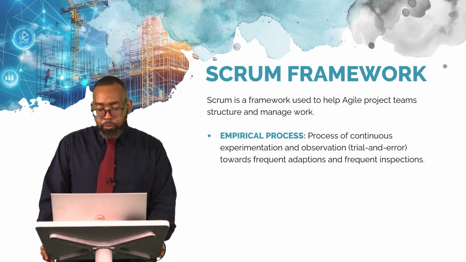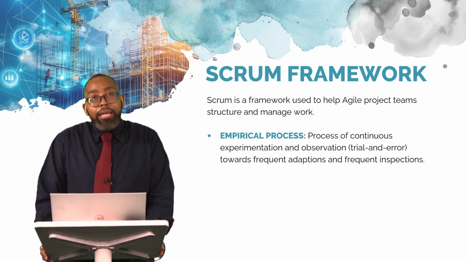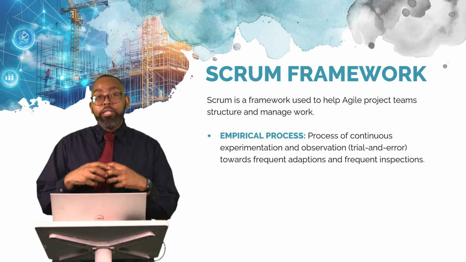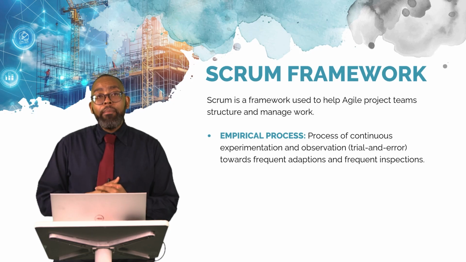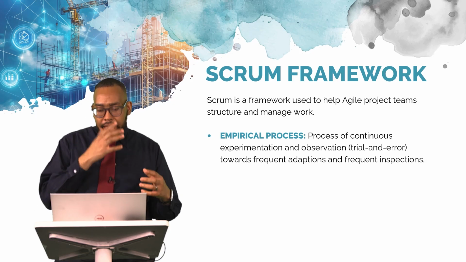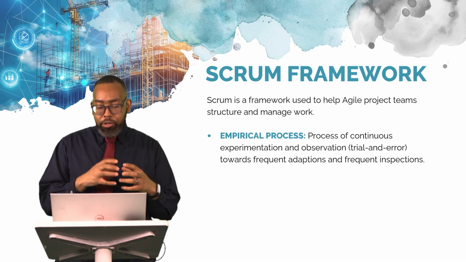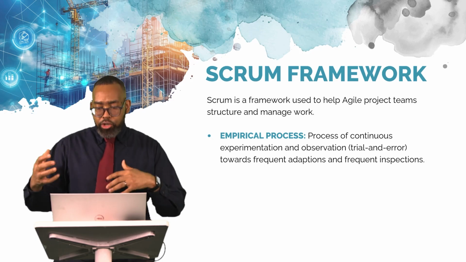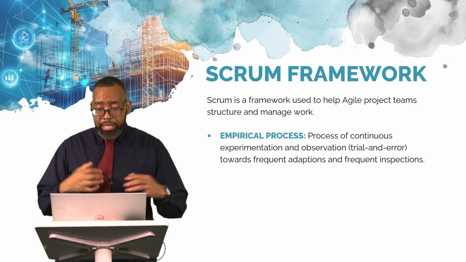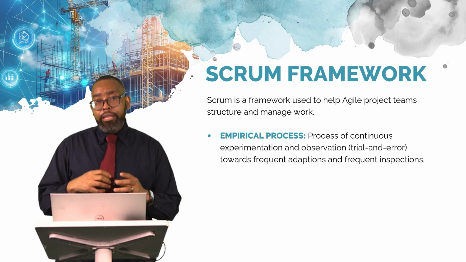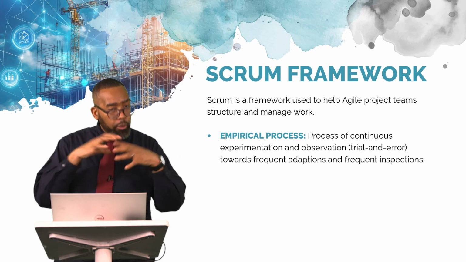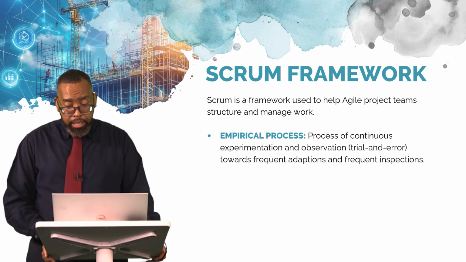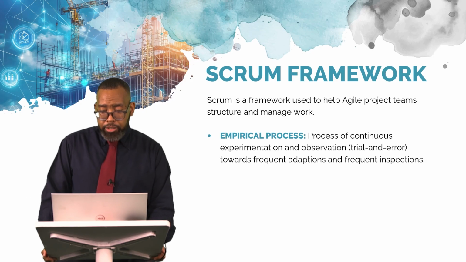By empirical process, what we mean is Scrum as a framework is inherently a process that is geared towards continuous improvement and observation. A lot of what is encompassed in the Scrum framework is looking at how we do things, using trial and error, using a lot of experimenting, and using mistakes in the way that we do things to ultimately improve how we do things.